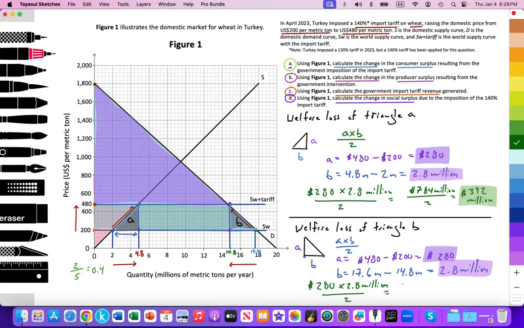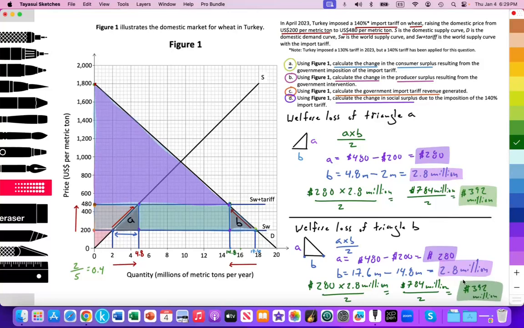That works out to 784 million divided by 2. That works out to 392 million. Okay.